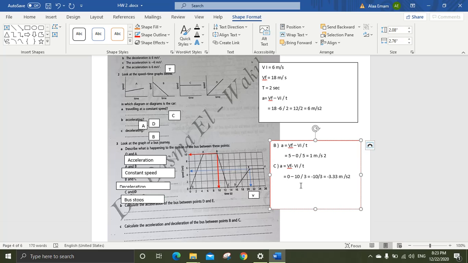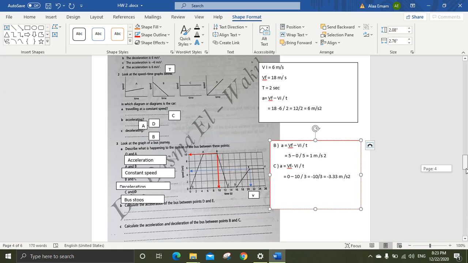However, if you get a positive acceleration, this means that your final velocity was more than the initial velocity, and the object is speeding up. So slowing down shows a negative sign, while speeding up shows a positive sign for the acceleration.